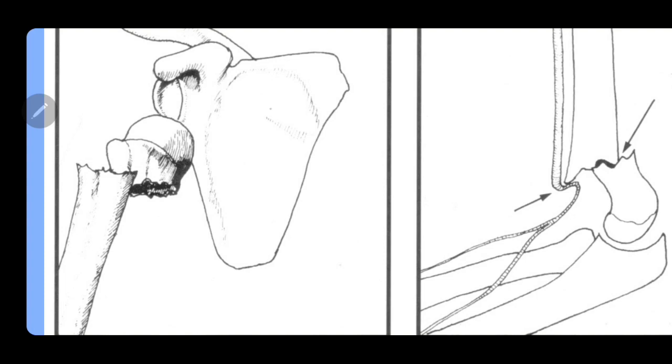We can see here inferior dislocation of the head and a humeral neck fracture. Well, so what is the problem with these injuries? Usually, if we have just a dislocation, we should perform a closed reduction.